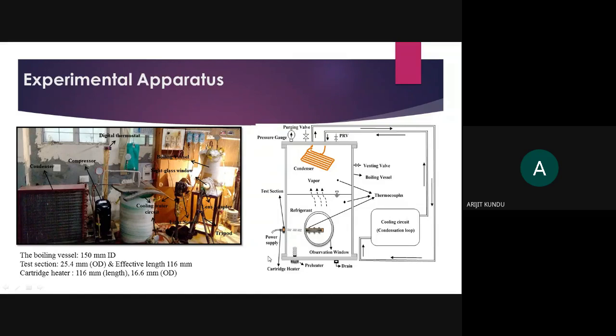Now the last question: how have you calculated or measured the bubble diameter? For this bubble, I have captured the photograph using a high-speed camera, and then used analysis software, known as ImageJ software. After analyzing, using this software, we are able to capture the bubble size on the surface.